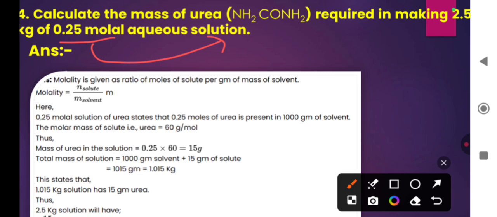You have got the value in solution. How much solution is present here? 1.015 kilogram, which contains how many grams of urea? 15 gram. We have solved that this much quantity of solution contains 15 gram of urea.